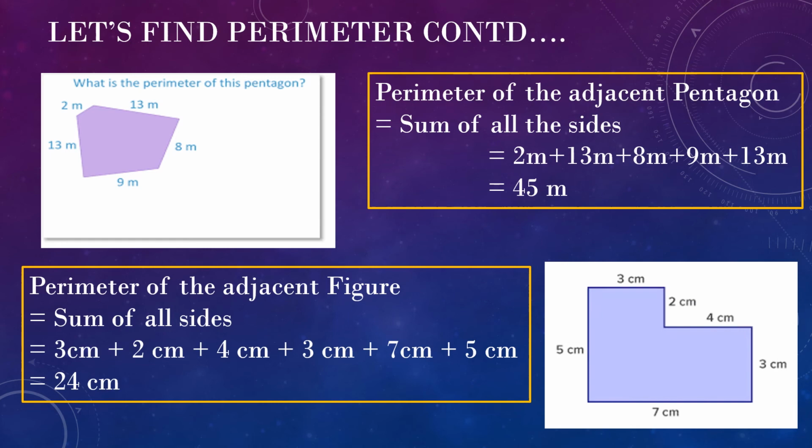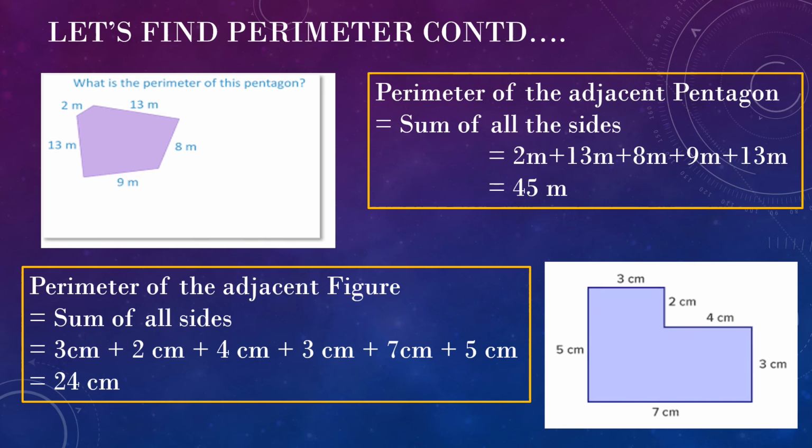So the perimeter of the adjacent pentagon is equal to the sum of all the sides, which is 2 meters plus 13 meters plus 8 meters plus 9 meters plus 13 meters is equal to 45 meters. So the total length of the boundary of this pentagon is 45 meters.